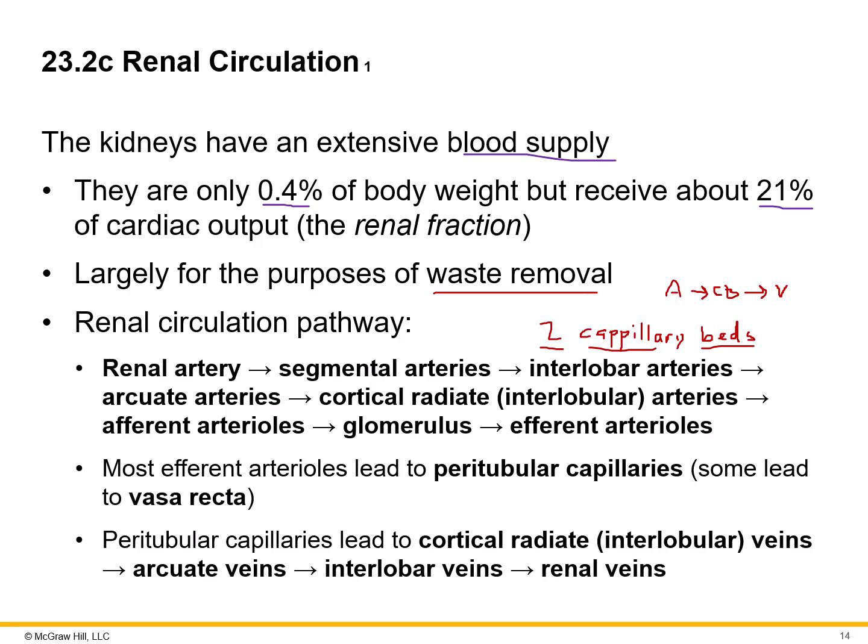Artery delivers that oxygenated blood, gas exchange in a capillary bed, then returned through the venous side. We don't see that in the kidneys. It's a little different. We get arteries, we get the first capillary bed, we get arteries again, we get the second capillary bed, and then we get the venous side.